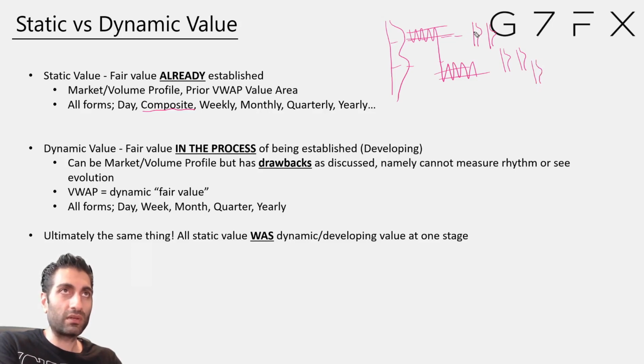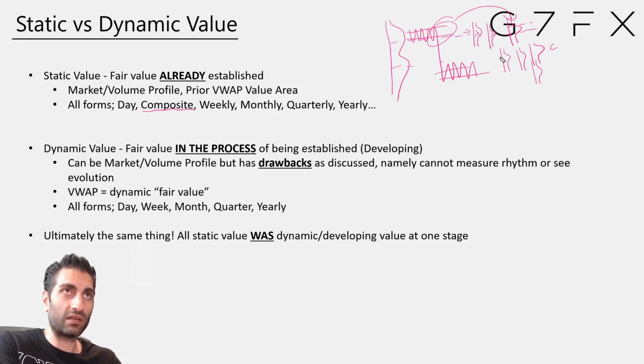So what we're doing, we're combining these two, this and this, and just making it into one composite so we can have the value area, which is representative of this, right, equals that, and then we have this combined, right, and that's your composite.